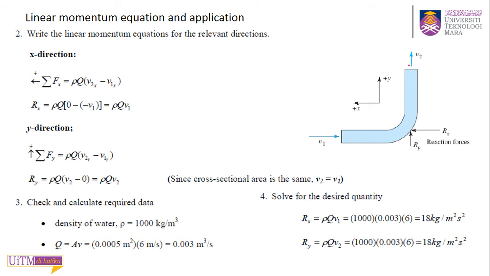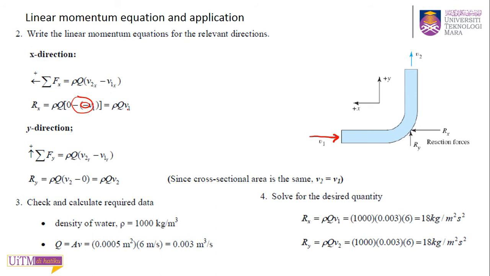But we have a V1x. Because your V1 is in opposite direction to your reference axis, they put minus V1. There are two minuses here. This minus is because your direction is against your reference. So that's why it's minus V1. So minus is plus.